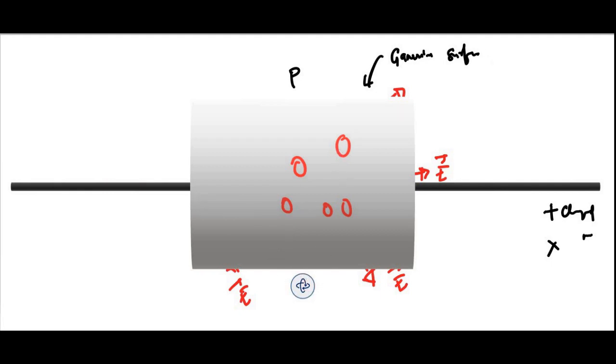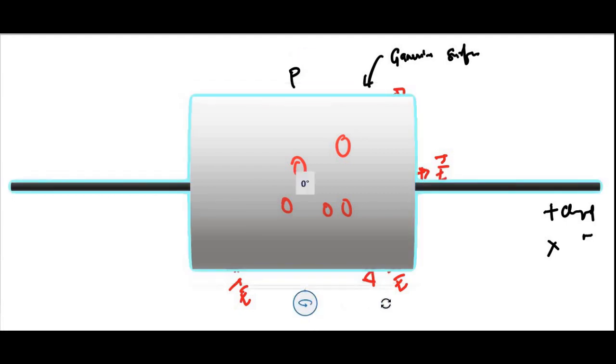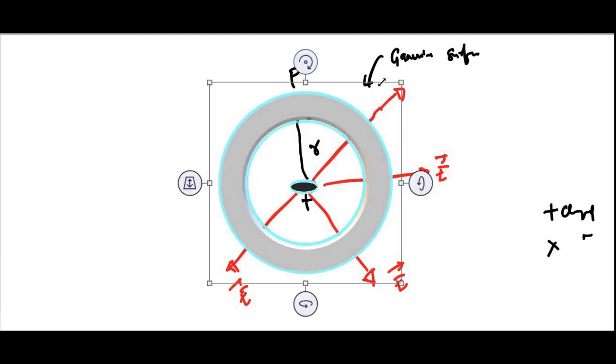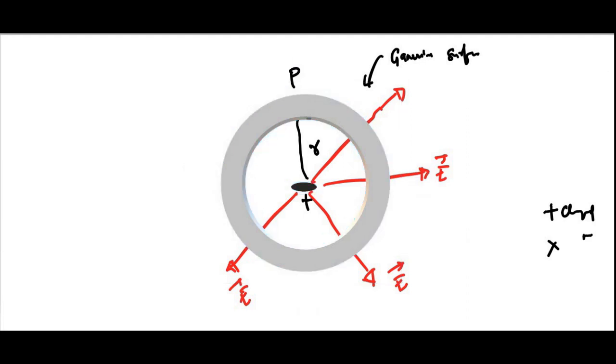Again, let us rotate it. Imagine these, just make a mental note of where the points are located. If I draw the surface area vectors, it will be like this, in the same direction as the electric field vectors.